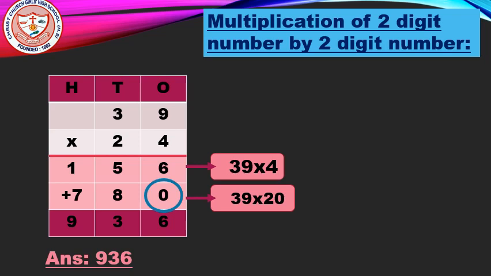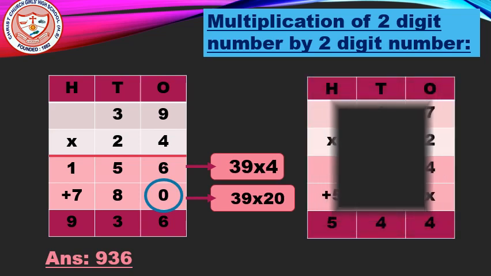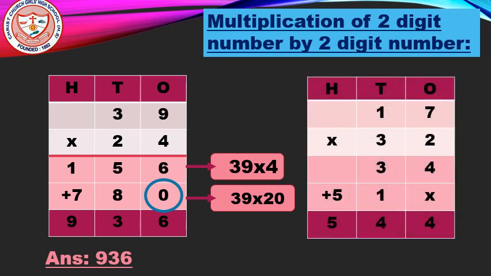Now let us try out another problem in second method. 17 into 32. So here the 3 steps will be followed.